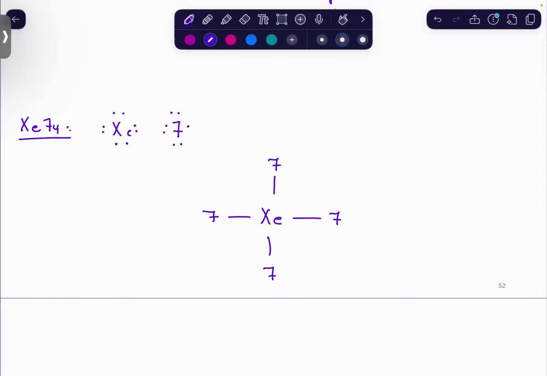Going to replace the lone pairs on the fluorines that we didn't use. And then, well, how many of the electrons from xenon did I use? One, two, three, four, one per bond. And so that means xenon is going to have two lone pairs left over. So these are going to be expanded valence molecules.